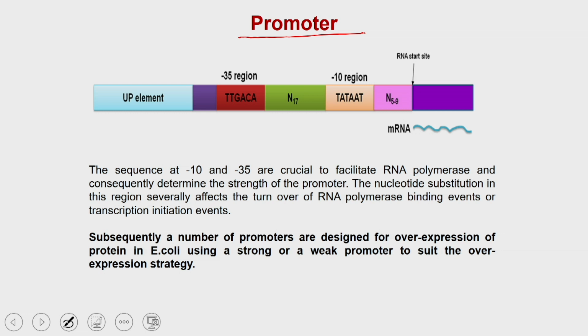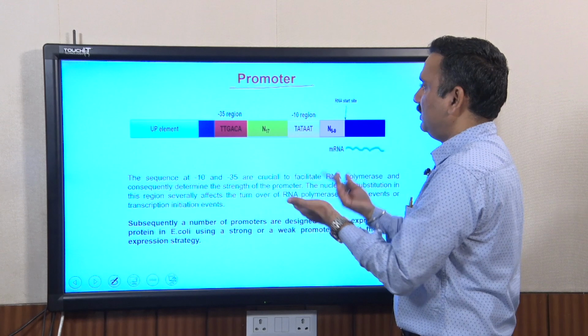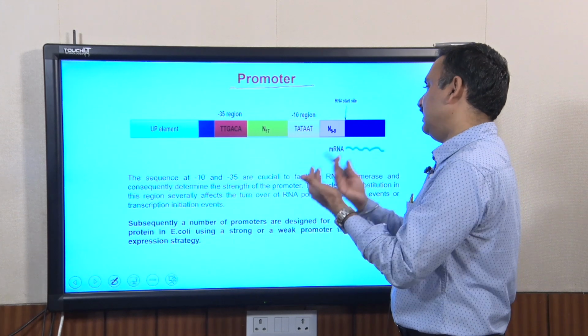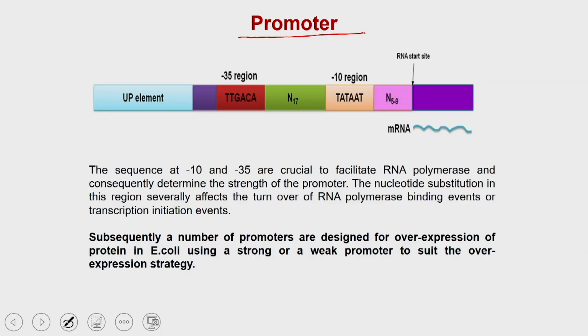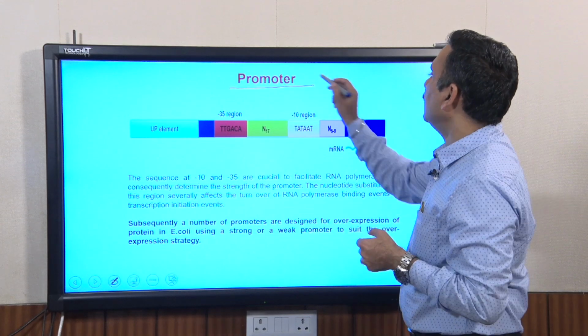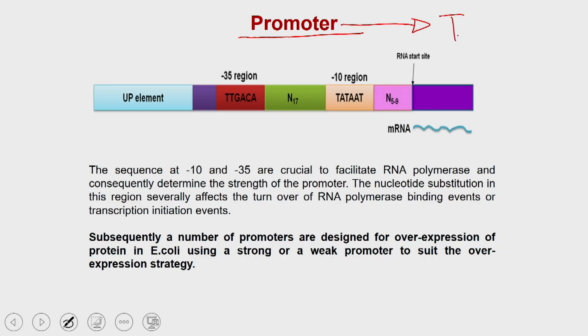So, as soon as you have started the synthesis of messenger RNA, you are also going to initiate the binding of ribosomes to the messenger RNA. That process is completely controlled by the promoter, because the promoter is going to control the transcription.